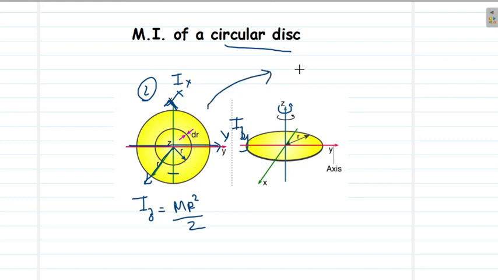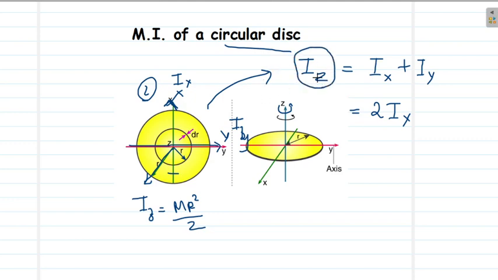Now from the perpendicular axis theorem, we have Iz is equal to Ix plus Iy. And since Ix is equal to Iy, we may write Iz is equal to 2 times Ix. We have already found out the moment of inertia of the disk about the Z axis, which is Iz. So that was m r squared by 2.